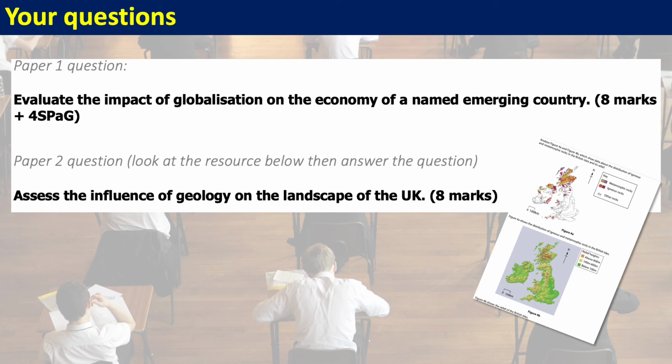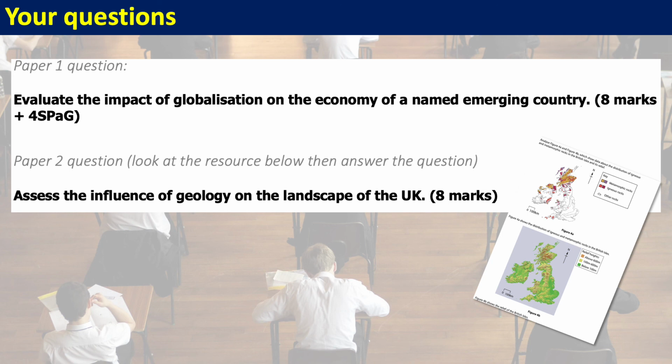The maps, which are attached to the Satchel 1 task, show in the first one where we find metamorphic and igneous rocks, and in the second, the relief, the height of the land in the British Isles. So the question is essentially asking you, how significant, how influential is geology, rock type, on the landscape of the UK? So the relief of the land in the UK, the shape of the land in the UK.